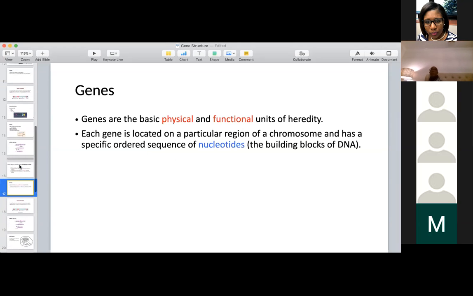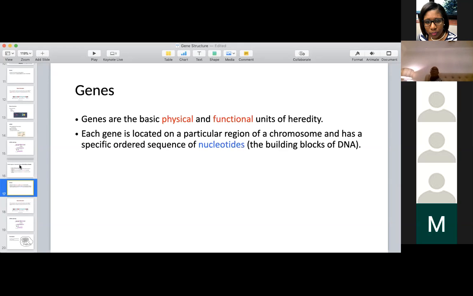So what are we saying here? We're saying that the genes are the basic physical and functional units of heredity. Okay, we talked about this last class. The gene, those segments of DNA, are the actual units of heredity that are transferred from one generation to the next. All right, we already made clear that each gene is located at a very particular region on the chromosome, the locus, right?